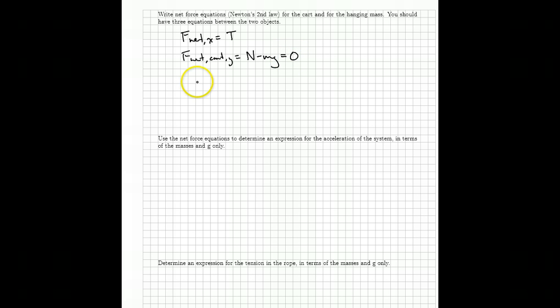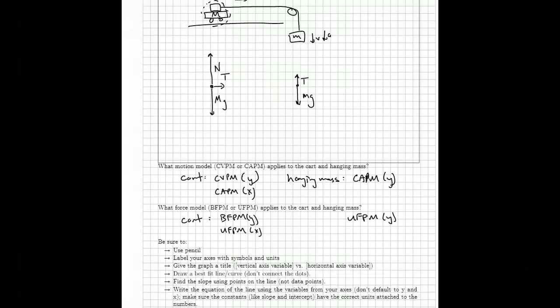Now let's look at our directions of positive here. We called up and right positive for the cart, so that means that our acceleration is positive. Well, the hanging mass's acceleration is down. So if we go back to our force diagram, what we want to do is make sure that because the right was chosen, the up and the down here in the cart doesn't matter, but because the right was chosen for the cart's direction of positive, we have to choose down for the hanging mass.